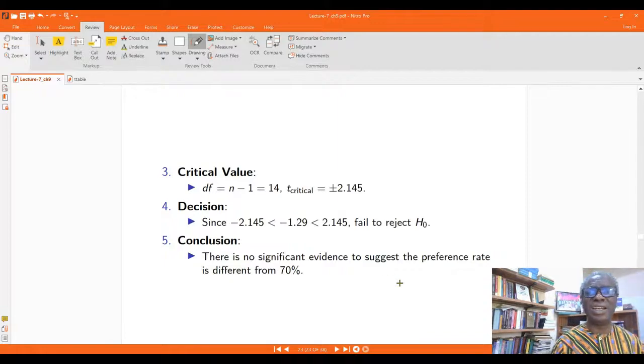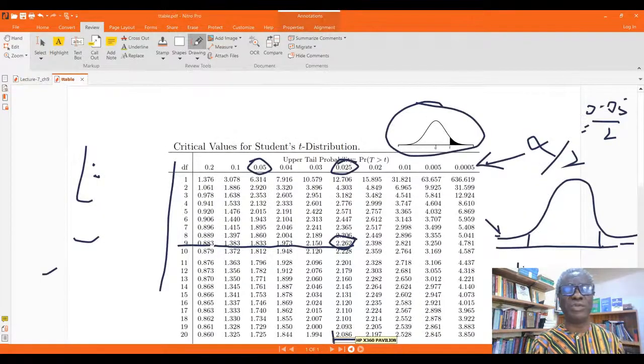And then for the critical value, we first have to know the degrees of freedom, which is n minus 1, which is 14. So as usual, we have to go to the table. The degrees of freedom is 14.